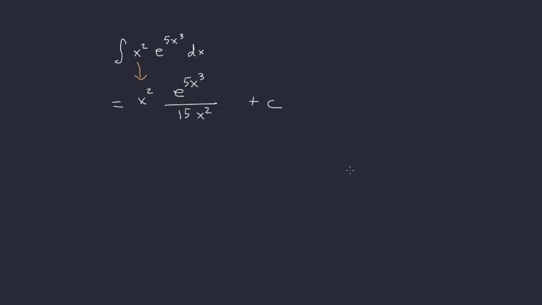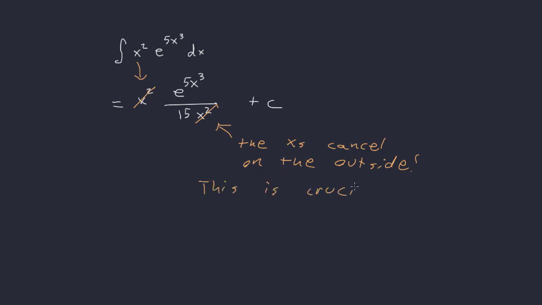I'll throw in my plus c. And here's where step 2 comes in. Notice, when we do this, the x squared stuff cancels. And it all cancels, so the x's cancel on the outside. This means it works. So this is crucial to this technique.